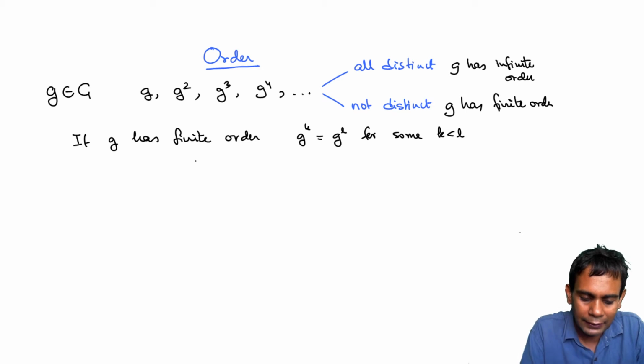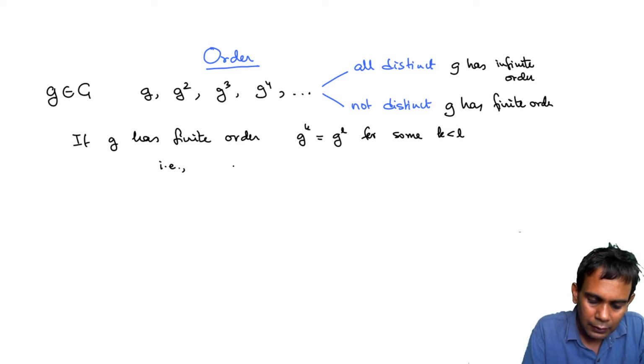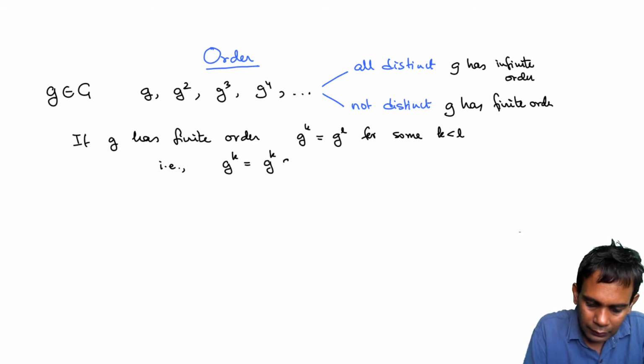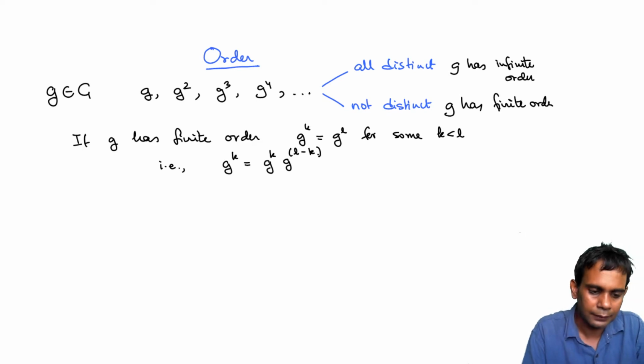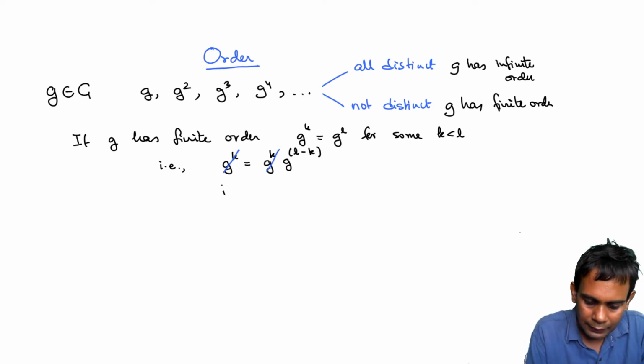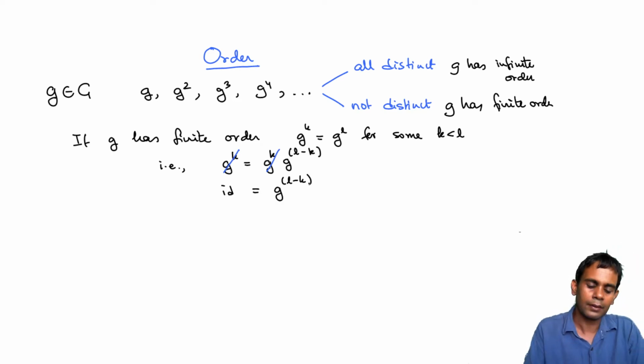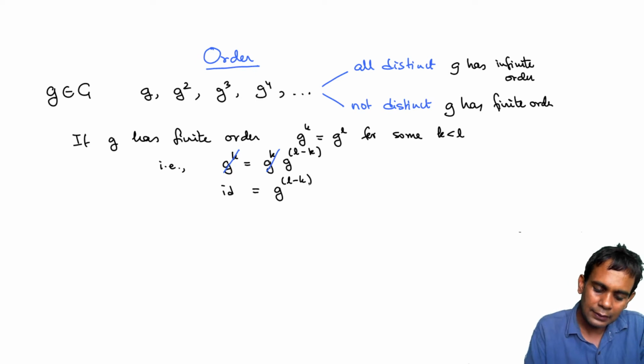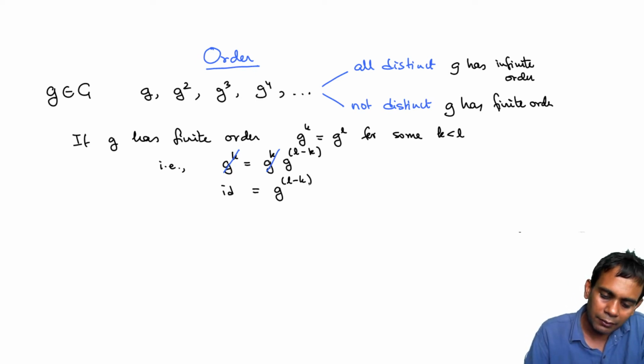Okay, but we can rewrite this as g to the k is equal to g to the k times g to the l minus k. And then using cancellation, we get that the identity is equal to g to the l minus k. So there exists an integer r such that g to the power r is the identity.